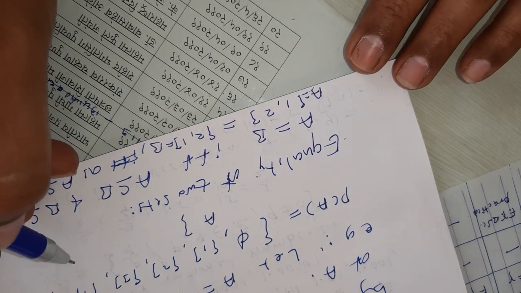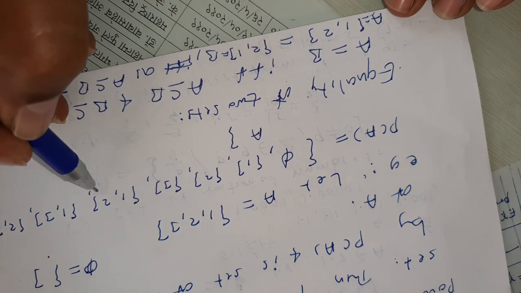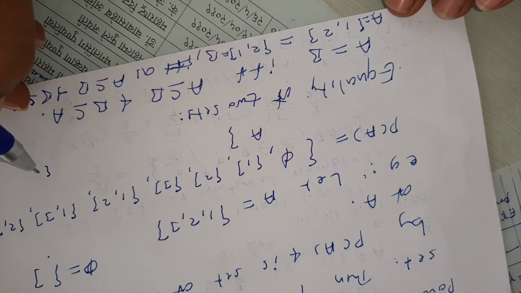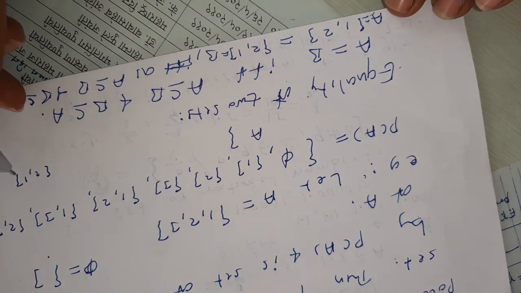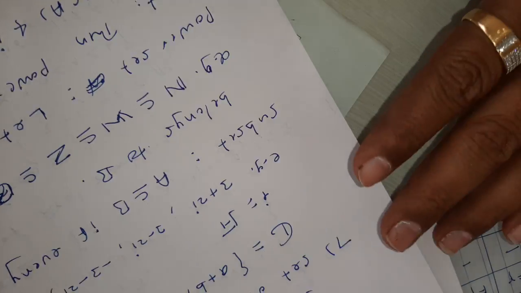And so in the list of the power set of A, if you write the set {1, 2}, then {2, 1} and {1, 2} are both the same, so don't write the set {2, 1} in the list of the power set of A.